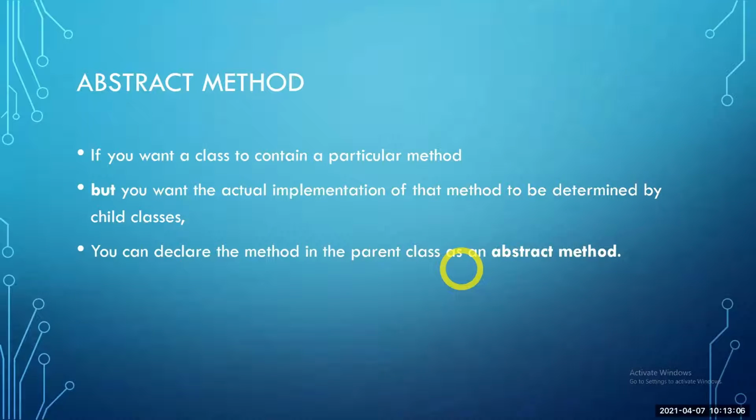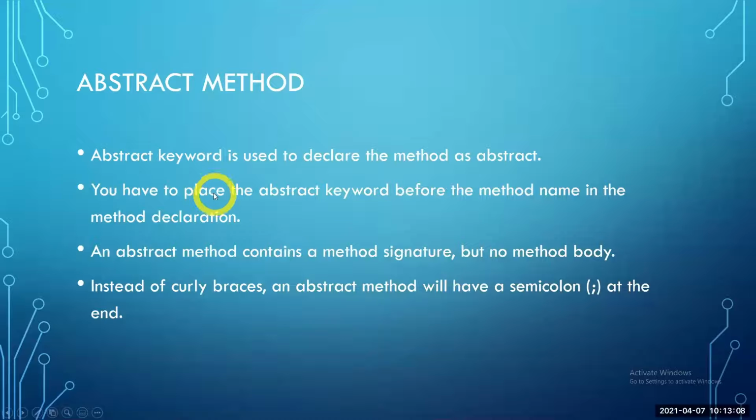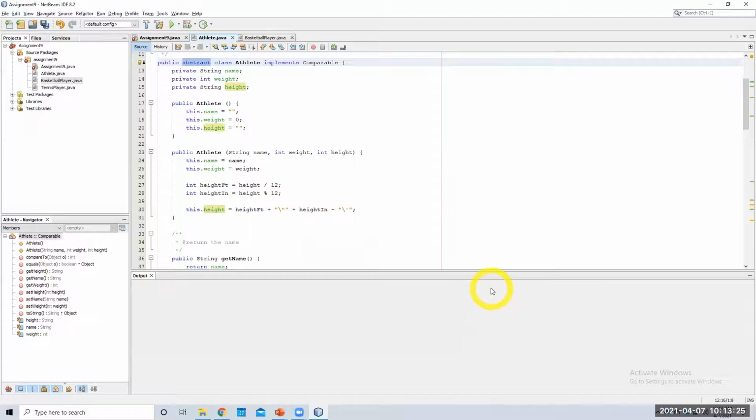The abstract keyword is used to declare the method as abstract. You have to place the abstract keyword before the method name. An abstract method contains a method signature, but no body. Instead of curly braces, an abstract method has a semicolon. So how do we declare an abstract method?